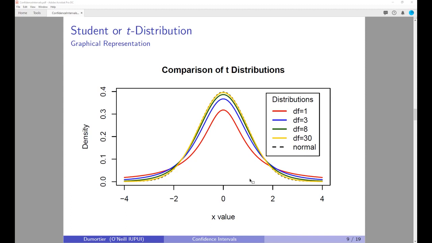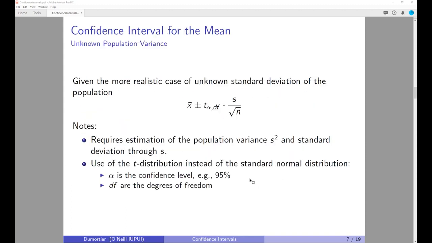Okay. Now, think about it the following way. Let me get back to this unknown population variance. If we do not know the standard deviation of the population, we have to estimate it. And think about this estimation procedure as adding an additional source of error that we could make in calculating those confidence intervals.